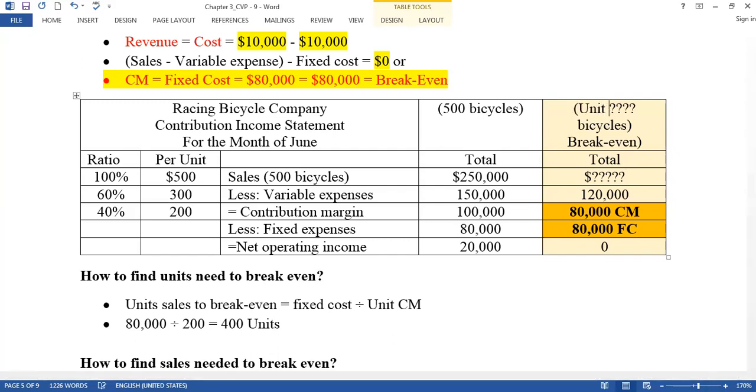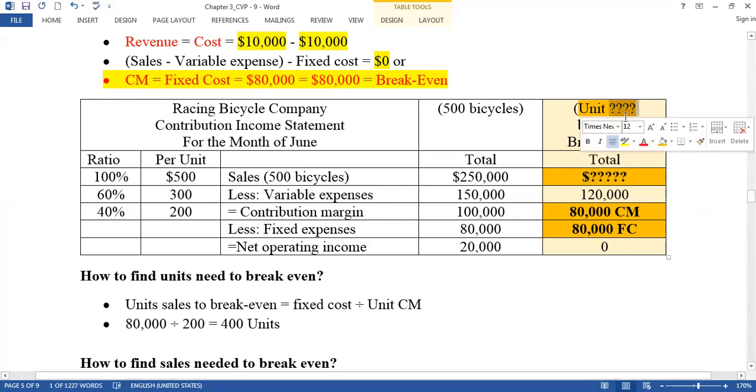I can ask you how many units you have to sell, or I can ask you how many dollars, how much dollar amount of sales. This is the question I may ask you in the exam. Clear?